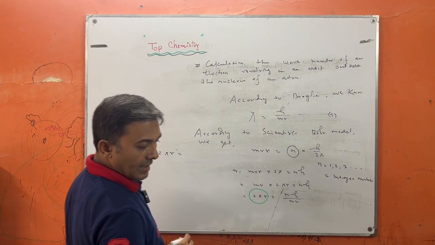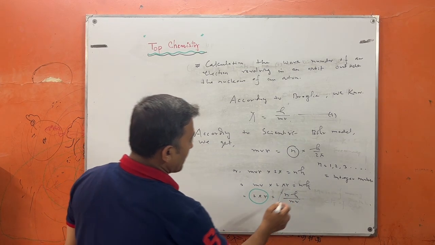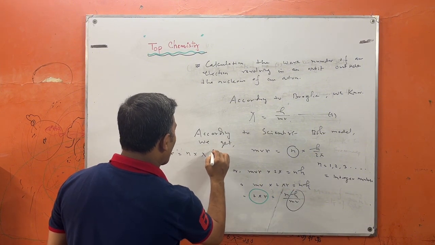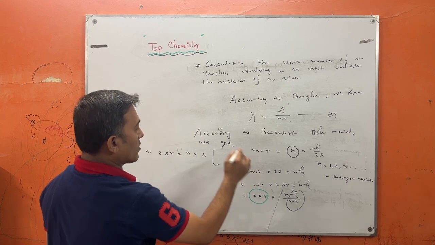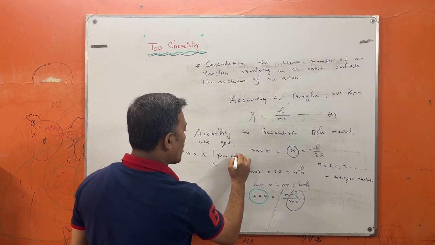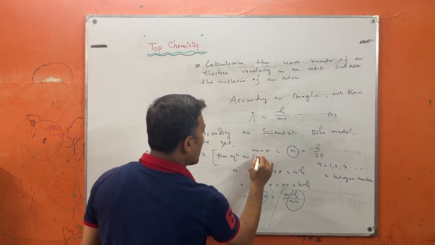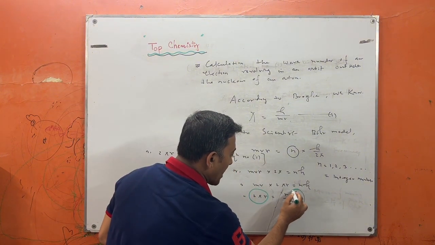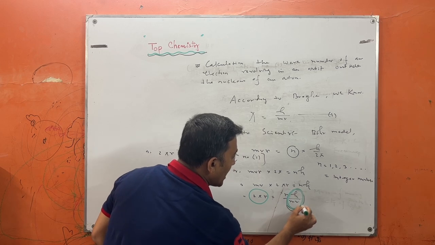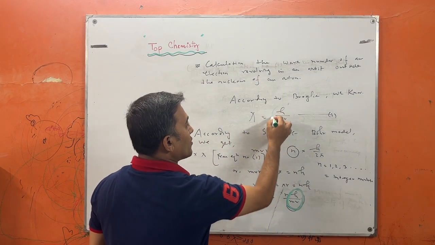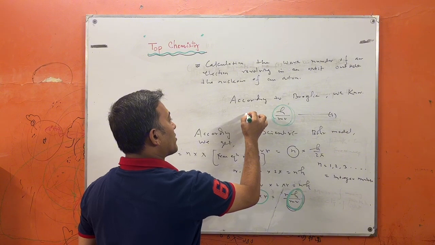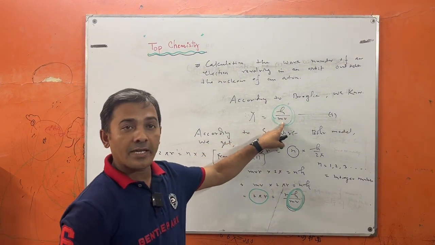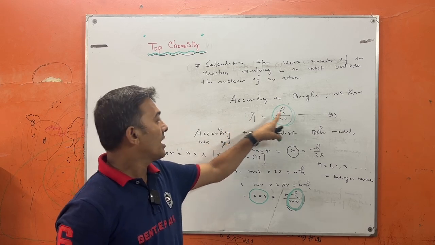2 pi r equal to n lambda. That means we can write down this value n into lambda from equation number 1. Dear student, we are putting this value, lambda equal to h by mv.